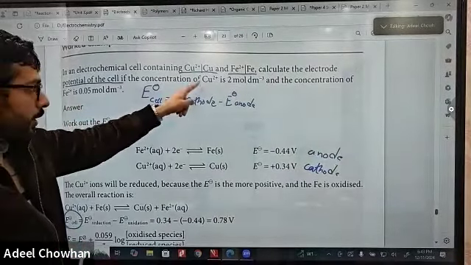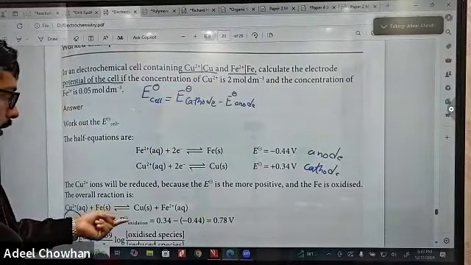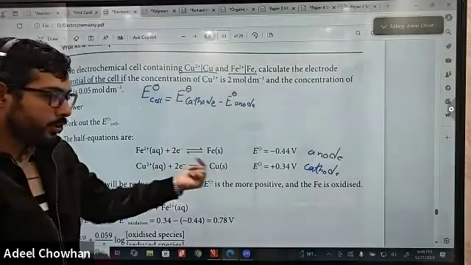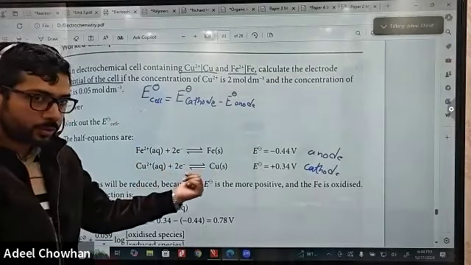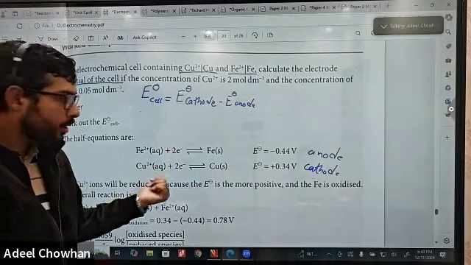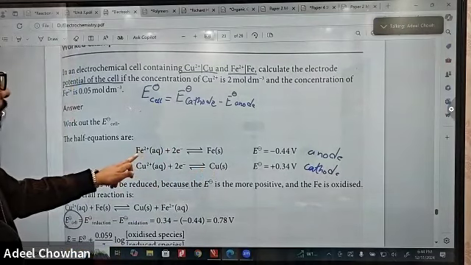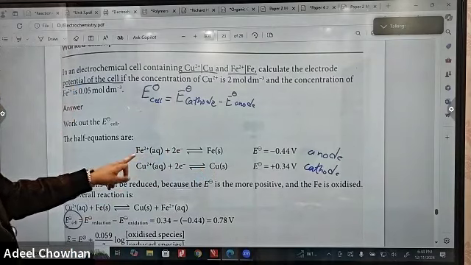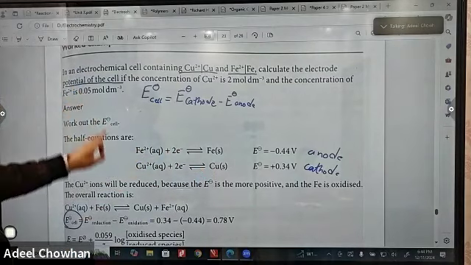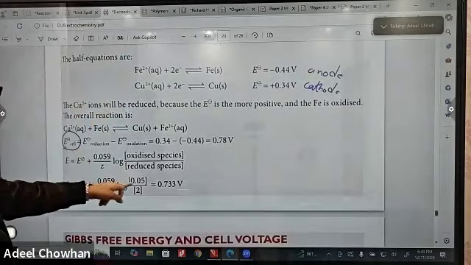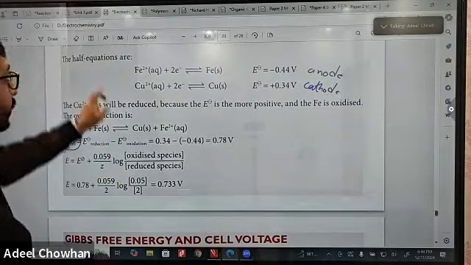After having discussed that copper ion is basically the reduced form, because reduction is carried out here, this will become the oxidized form. So the value of the iron is 0.05. So in the numerator, you will have 0.05.